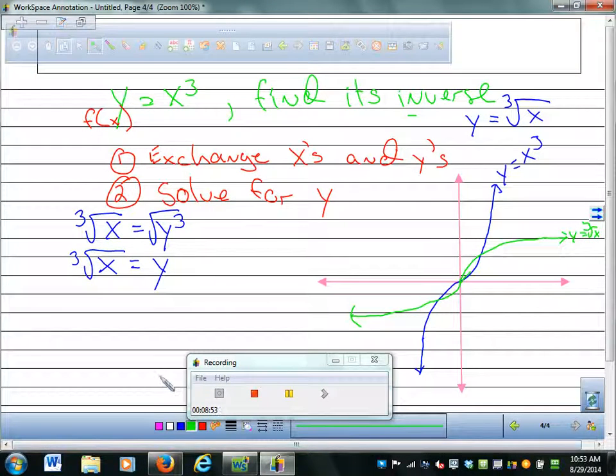What do you notice about those two graphs? They're symmetric about a line. What line are they symmetric about? Y equals x. Very nice.